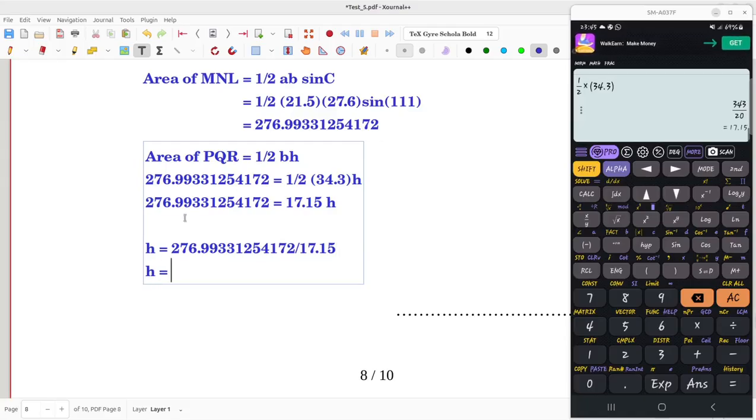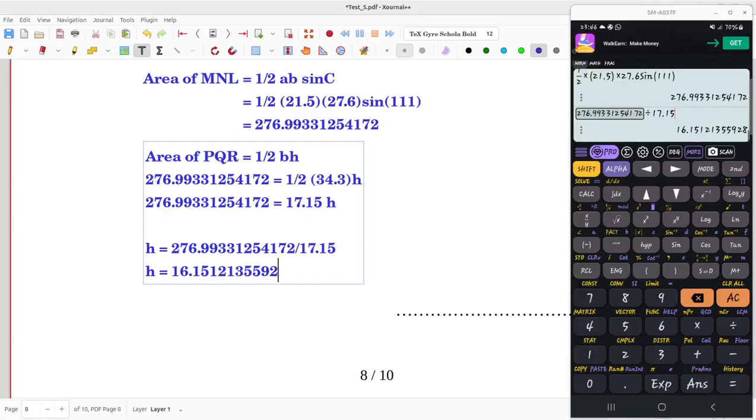Then your h will be equal to, now, our answer, which is to divide by 17.15, giving me 16.151355928. Round this off to one decimal place. h is equal to 16.2 meters. Sorry, centimeters actually.